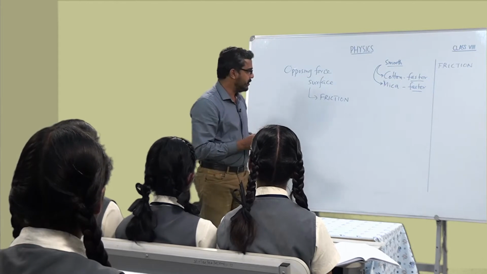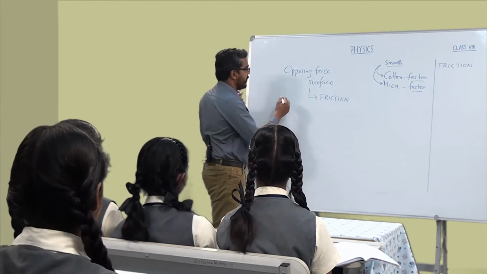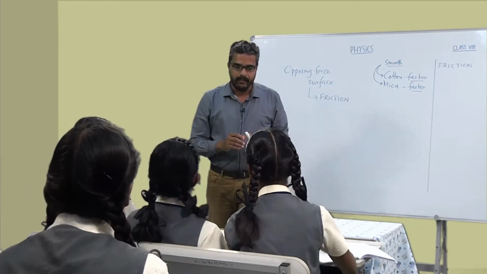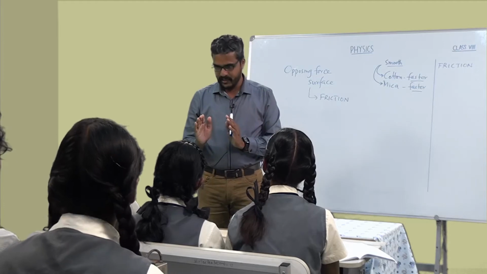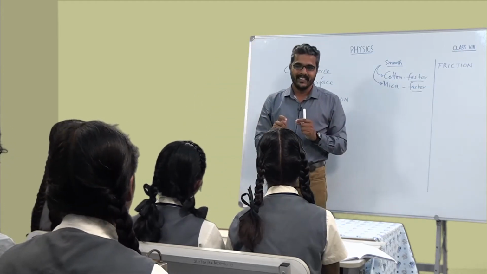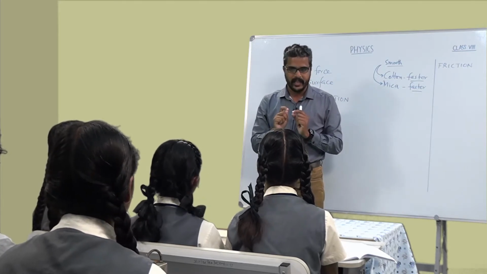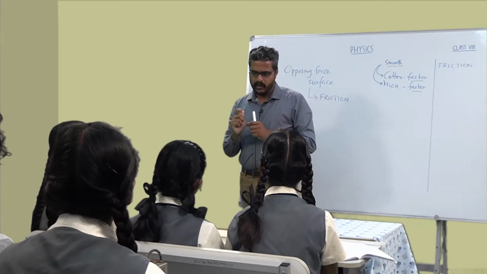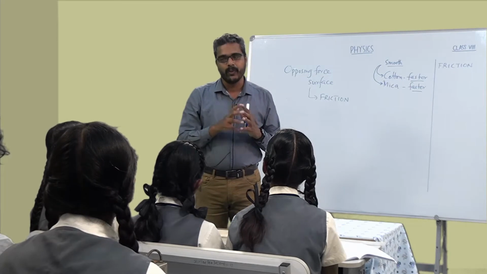Can you make a note of it? Yes, sir. So we have understood that there is friction when there is motion over a surface, and the smoothness of the surface decides the amount of friction. Now can we find out what other factors influence friction?